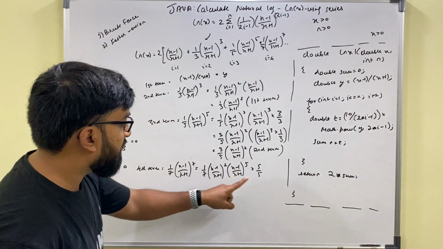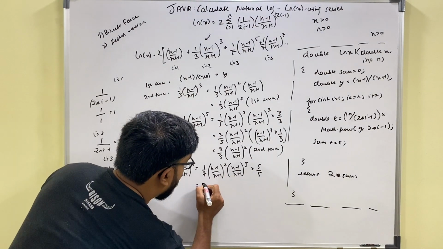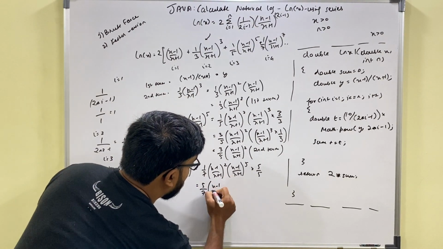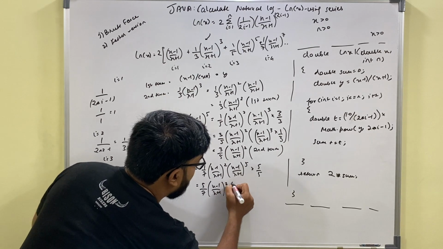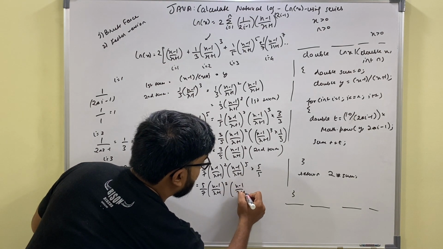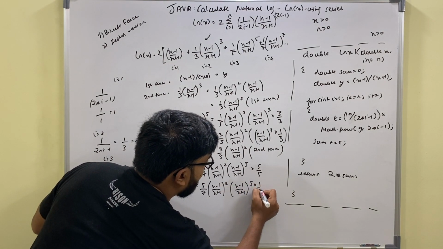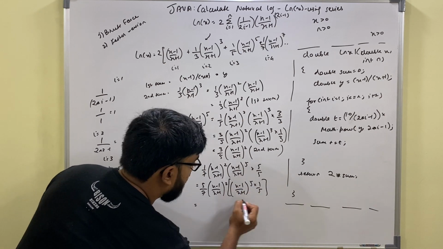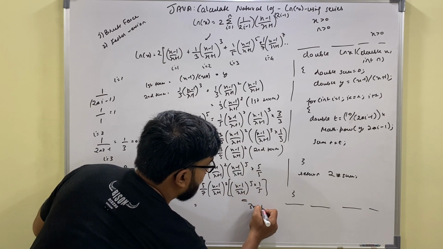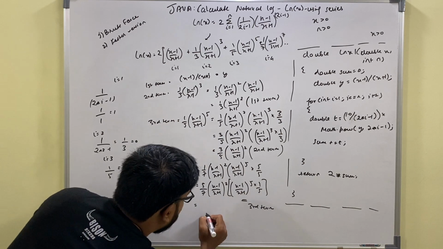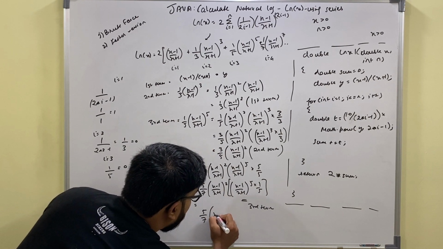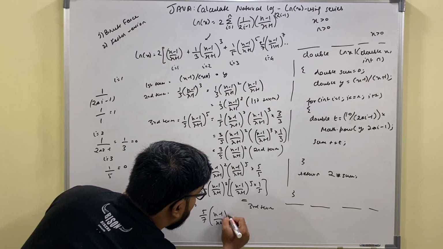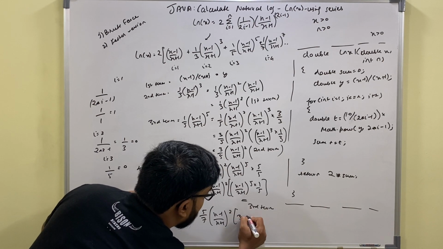Bringing this 5 here, it becomes 5 by 7 x minus 1 upon x plus 1 whole square x minus 1 upon x plus 1 whole 5 into 1 by 5. Now this is your third term. So this becomes 5 by 7 x minus 1 upon x plus 1 whole square into the third term.